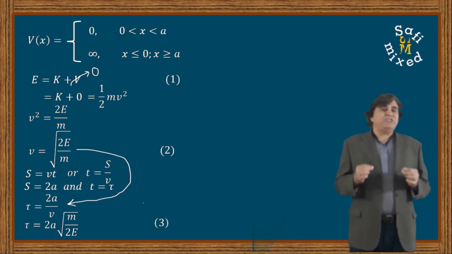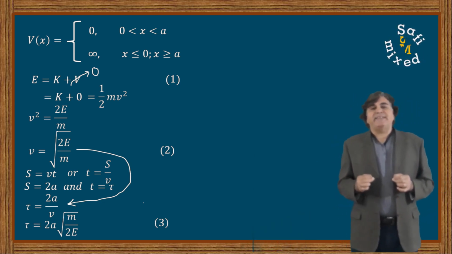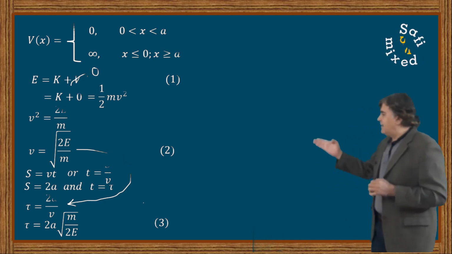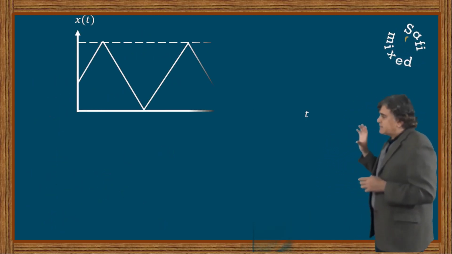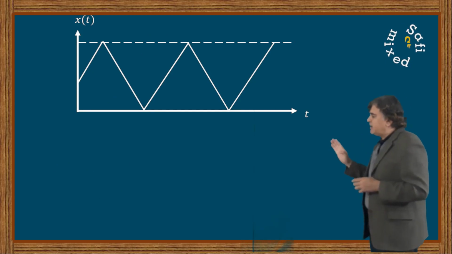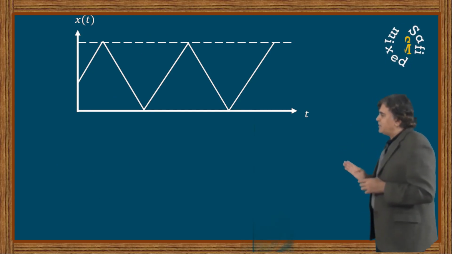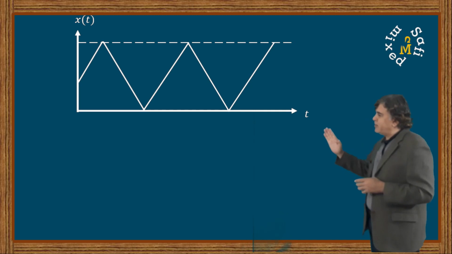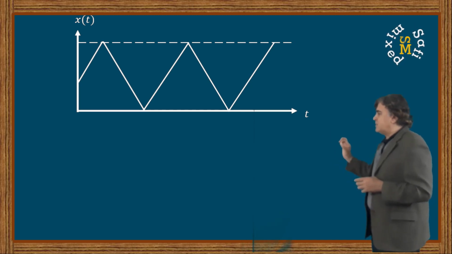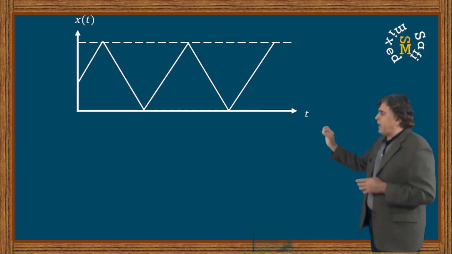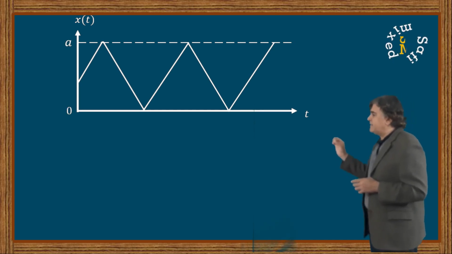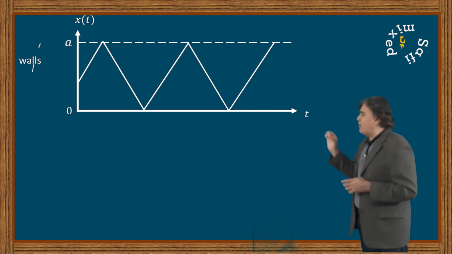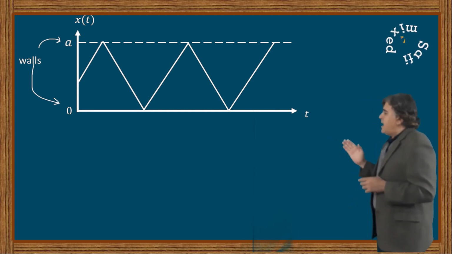If we plot the position and velocity of the particle against time, we will get plots like these two. We see in the first plot, since the velocity is uniform, therefore the position is changing uniformly with a straight line from x equal to 0 to x equal to a, where x equal to 0 represents the left wall and x equal to a represents the right wall of the potential well.